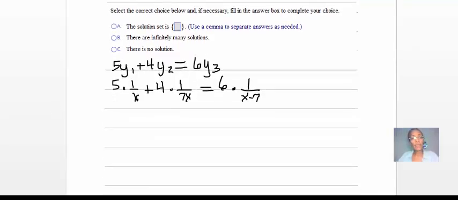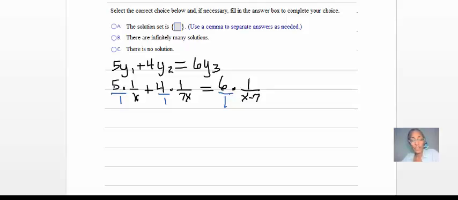we can think of 5 as being 5 over 1, 4 as being 4 over 1, 6 as being 6 over 1. We have to think of it that way, but we don't have to necessarily write it. But if you feel more comfortable writing these integers in this fractional form, then of course do so.